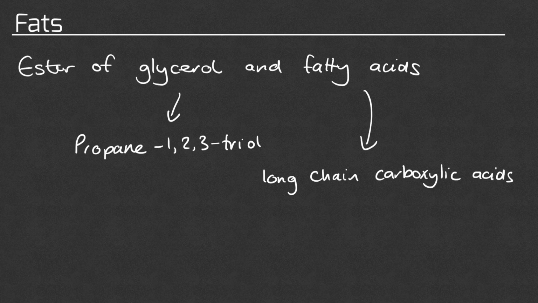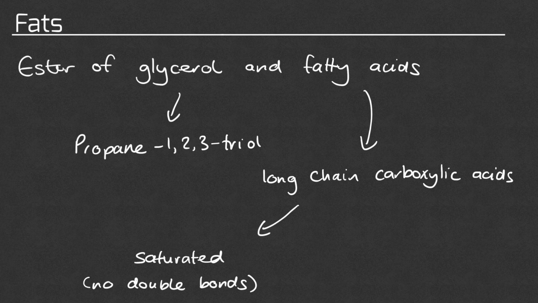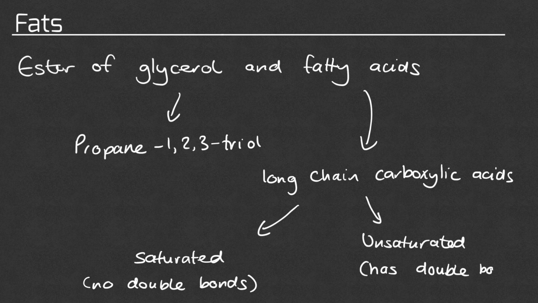And fatty acids are just long-chain carboxylic acids, so a carboxylic acid with a very long carbon chain coming off it. These fatty acids can be saturated, where there are no double bonds in the long carboxylic acid chain, or unsaturated, where there are double bonds in the chain, and these give the fats or the oils their properties.